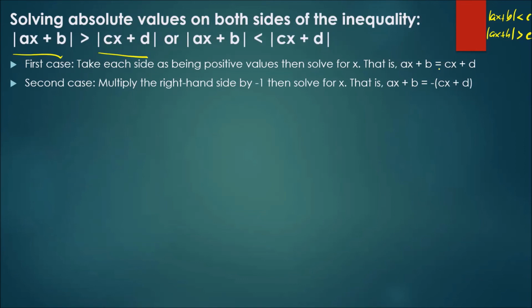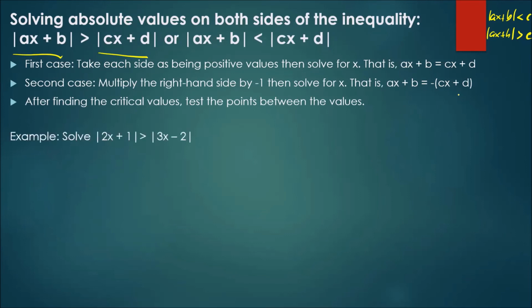So that is, ax plus b is equal to the negative of cx plus d. Then after finding the critical values, we test the points between the values. So for example, we have this one, the modulus of 2x plus 1 is greater than the modulus of 3x minus 2.